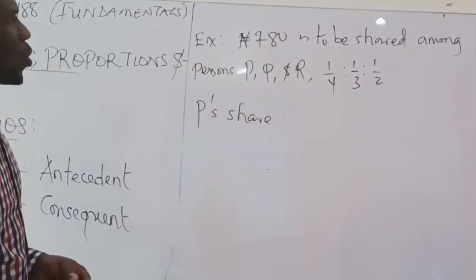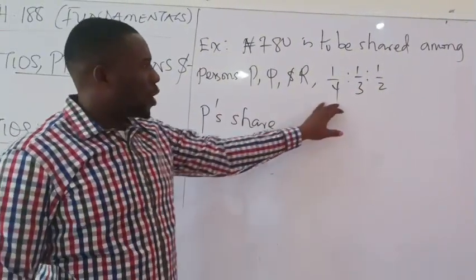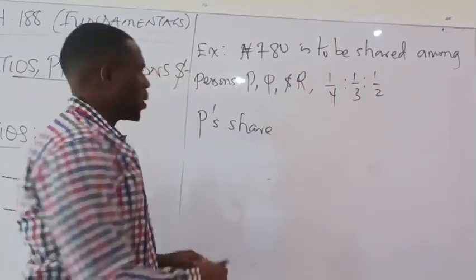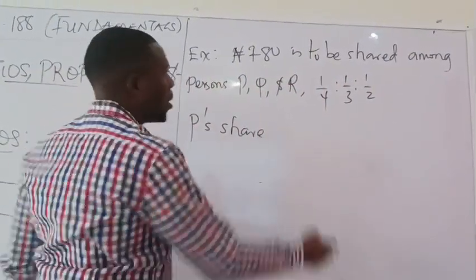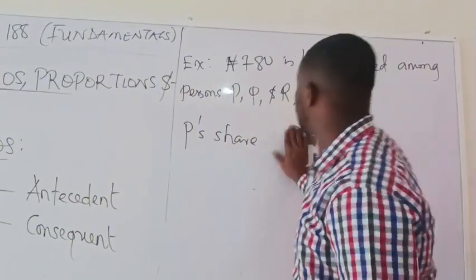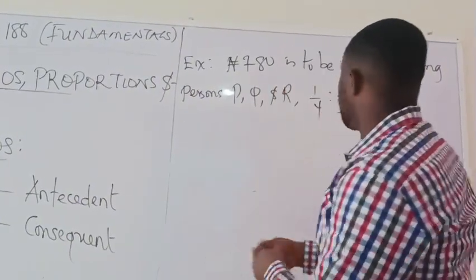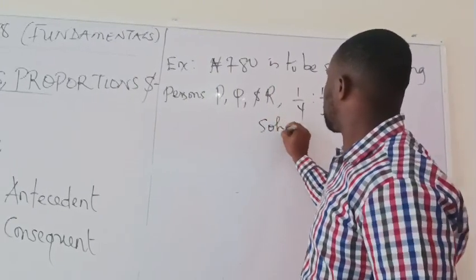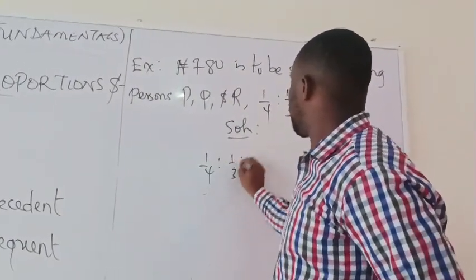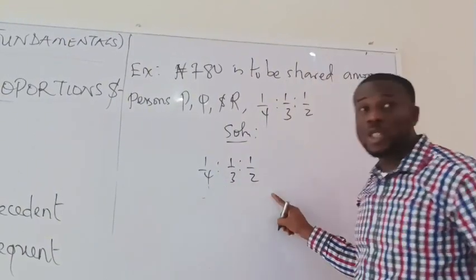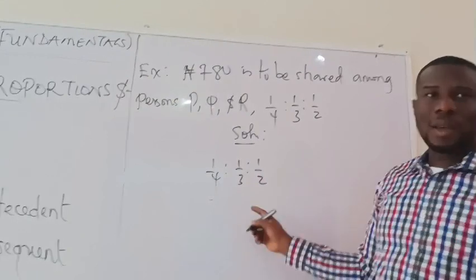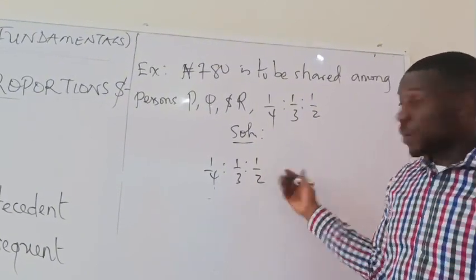Now, I'd like you to understand something, that this ratio is given as fractions. So the first thing is, I'll look for the common denominator, which is the LCM of these. So I have the solution to this. This is 1/4 to 1/3 to a half. Now, if you look at the denominators here, to make them equal, just take the LCM, which is 12.